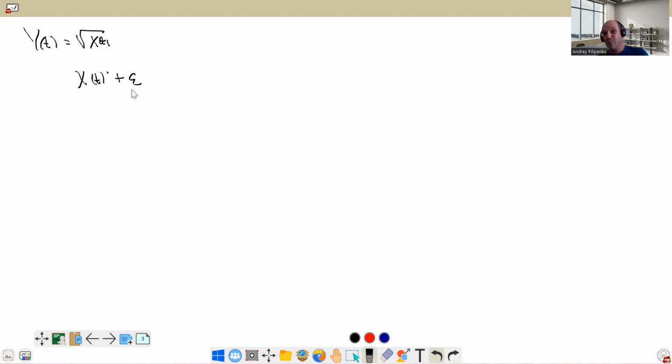But the process x plus epsilon is greater than or equal to epsilon, so you can apply the Ito formula for the process y epsilon, which is equal to the square root of x of t plus epsilon. So there are no problems at all.